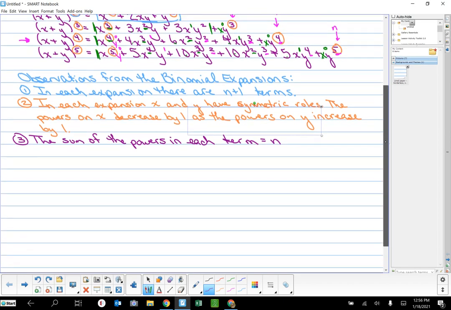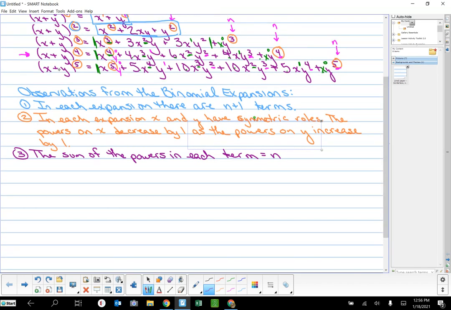So let's go take a look at that. In the fifth one, for example, we have the first term, 5 plus 0 is 5, 4 plus 1 is 5, 3 plus 2 is 5, 2 plus 3 is 5, 1 plus 4 is 5, and 0 plus 5 is 5. So that needs to happen in every single term. That will happen in every single term.